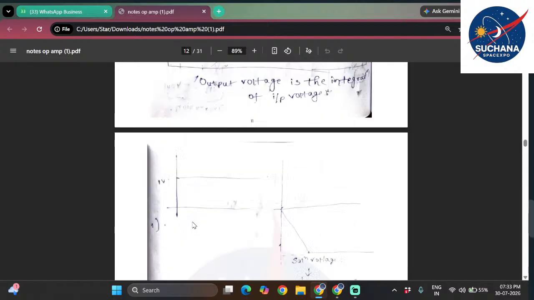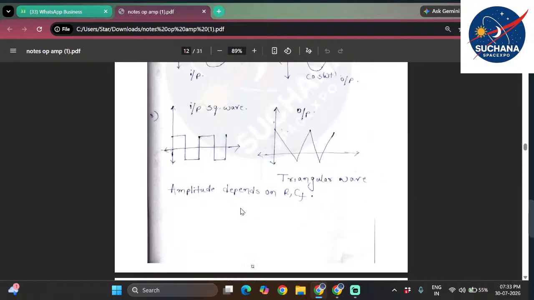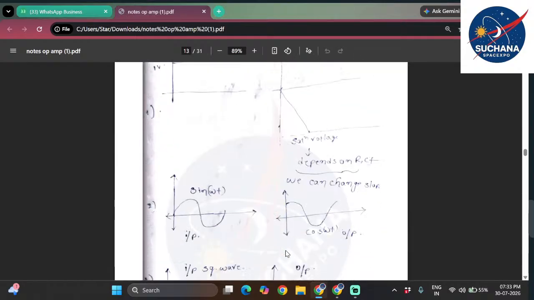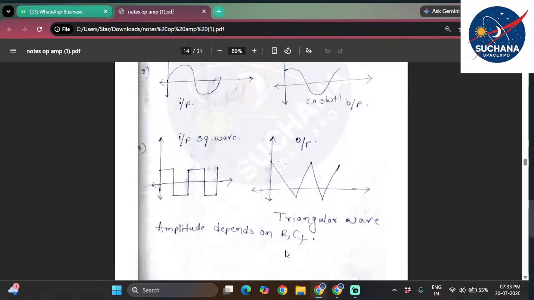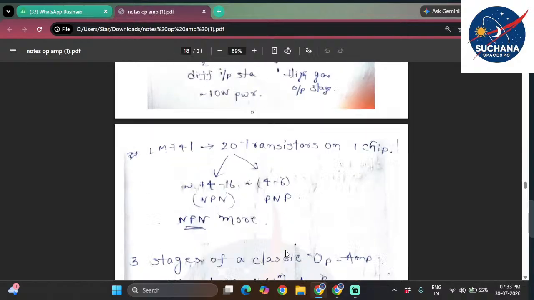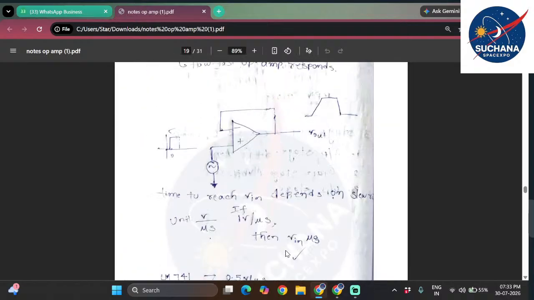We discussed two examples. If you provide a sine wave, you get a cosine function, and if you give a square pulse, you get a triangular wave. And we discussed the effect of slew rate on the square pulse and the sinusoidal wave.